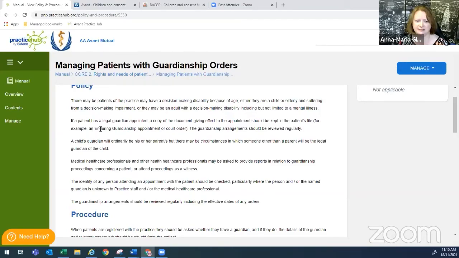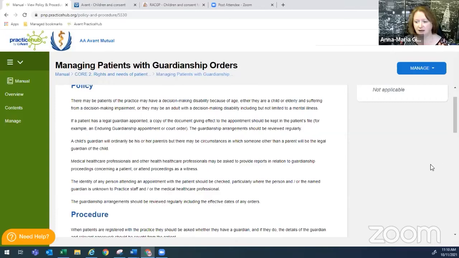And that includes things like enduring guardianships as well. They should be reviewed regularly. So I guess it's becoming apparent why we've put these two policies together in the one presentation today, because there is a lot of common ground there between them in terms of how you manage that information in the patient record as well.